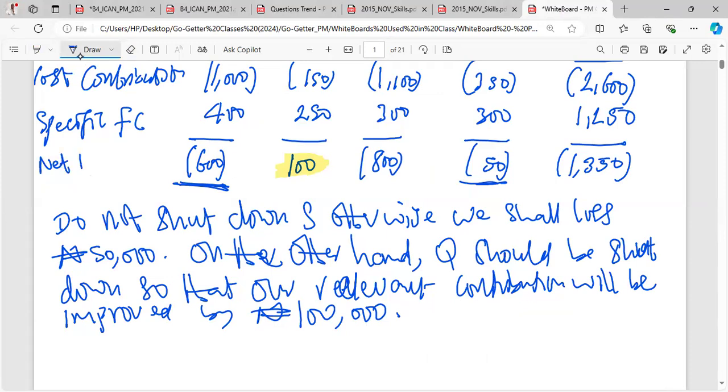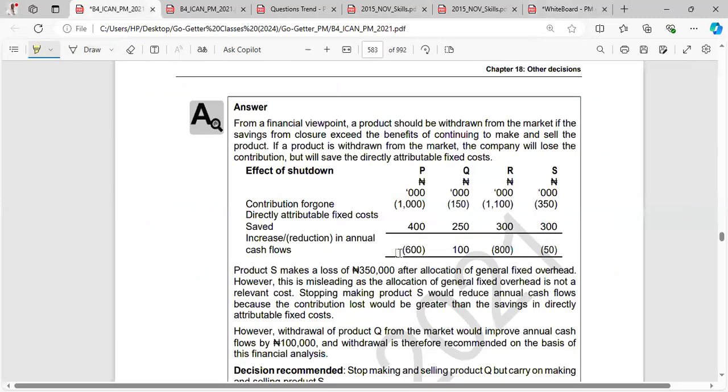Net increase or decrease in cash flow. So it means that going to this place now, if you shut down P, it will reduce your cash flow by 600,000.